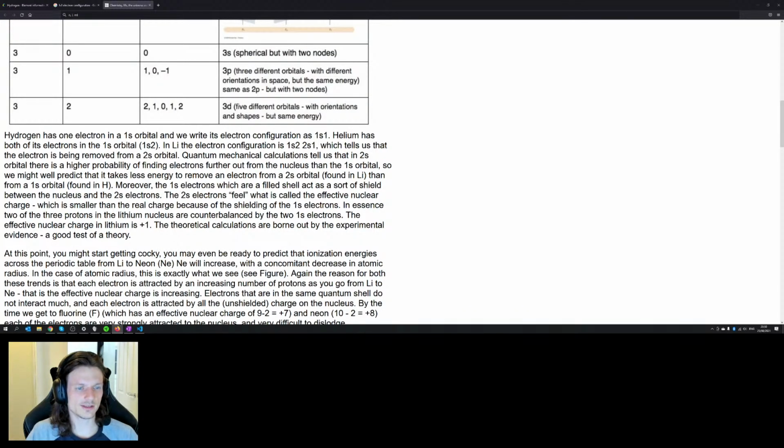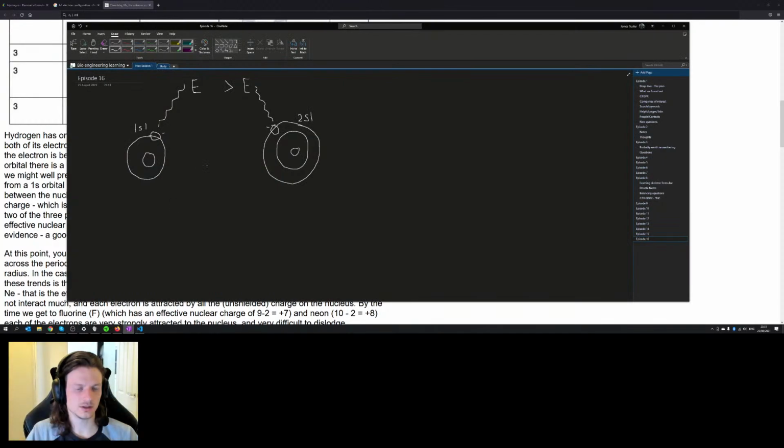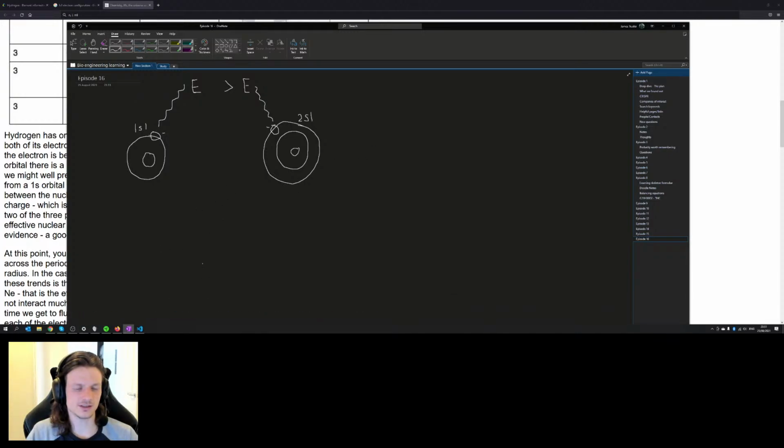Moreover, the 1s electrons, which are a filled shell, act as a sort of shield between the nucleus and the 2s electrons. So let's go down here and try and understand that. This is the 2s here.